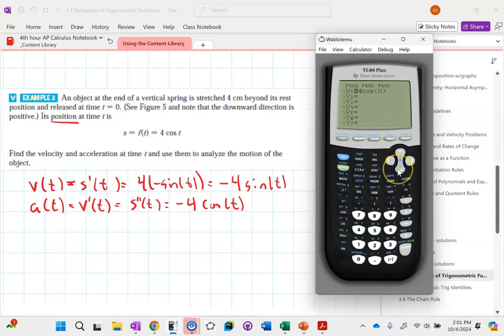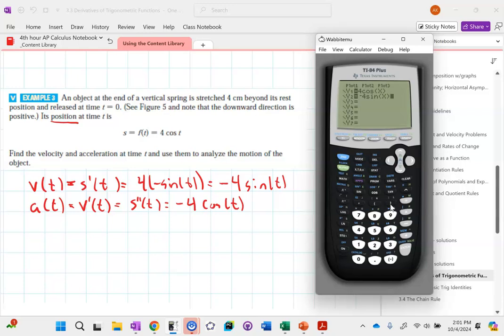If I graph my velocity along with it, when should the fastest point on that be? When is the spring going to be moving the fastest? When it's passing the neutral position, right?